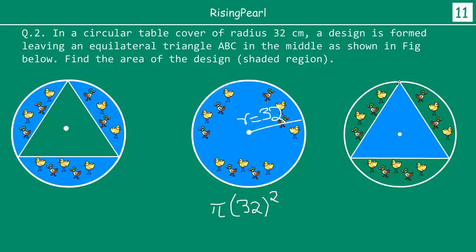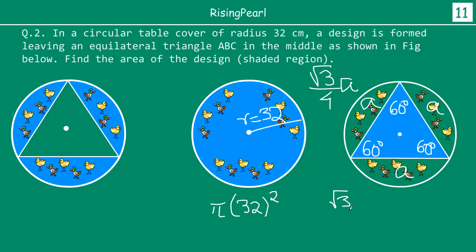And here, if each side is A, because this is an equilateral triangle, 60, 60, 60, the area of an equilateral triangle is square root 3 by 4 times A square. A is 32 square root 3, whole square. So then our desired area we just simply need to solve this.